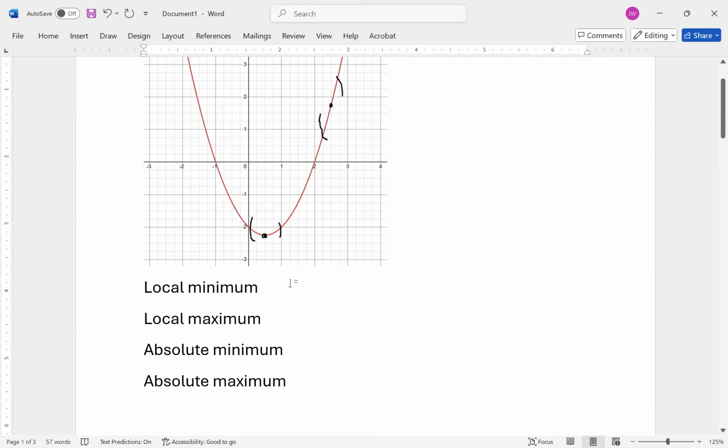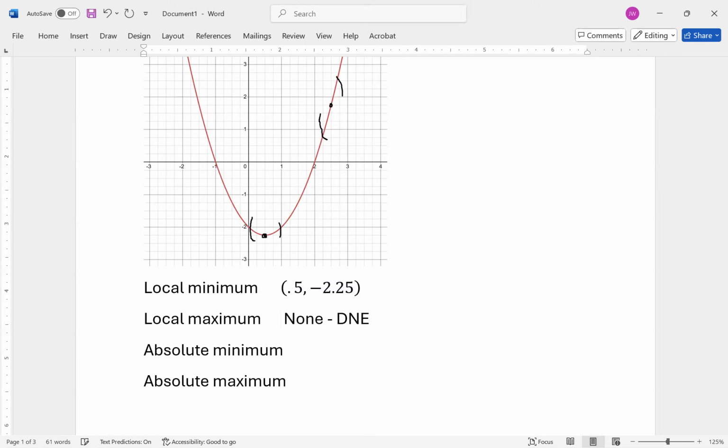And that's clearly a local minimum. Like I said, we've already calculated what this is earlier, it is 0.5 comma negative 2.25. There are no local maximums. There's no peak values. So for local maximum, we'd either write none or does not exist, or DNE for does not exist. So no local maximums exist.